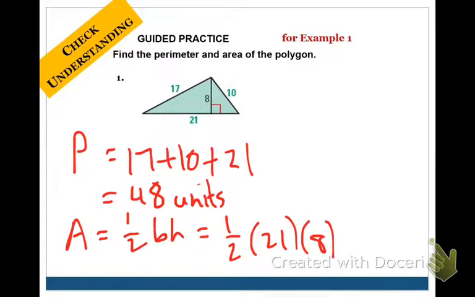So that's 4 times 21, 84. 84 units squared. Questions?